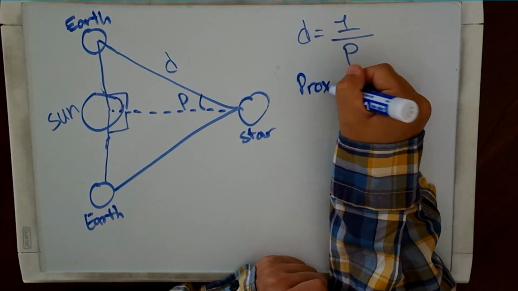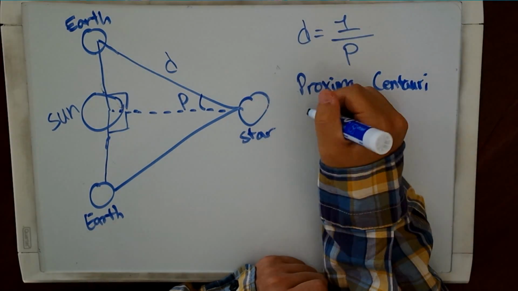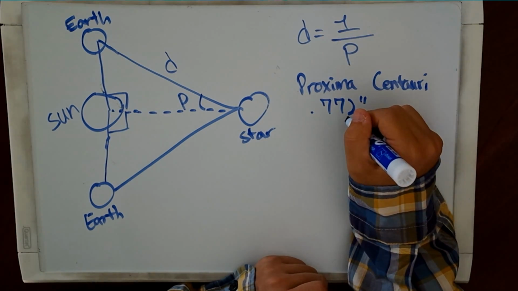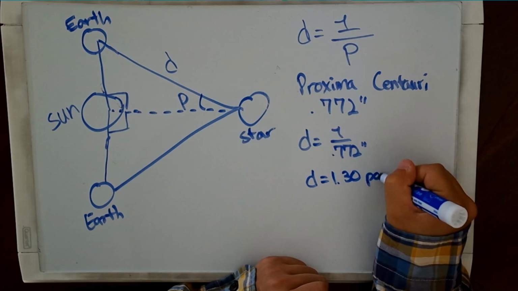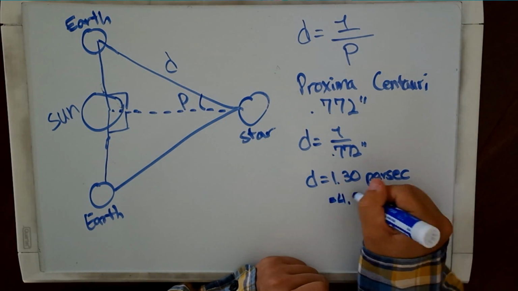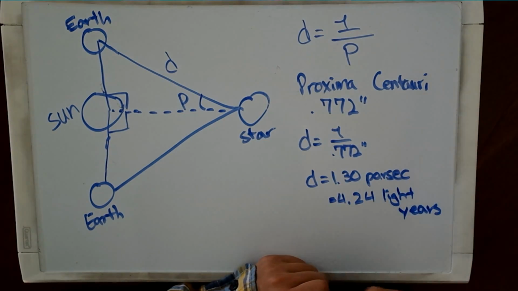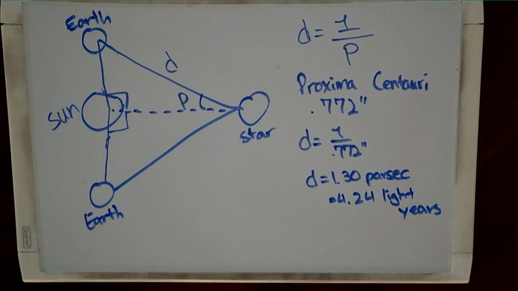For example, the closest star to Earth with the exception of the Sun is Proxima Centauri. It has a parallax angle of 0.772 arcseconds. Now, we just plug it into the formula and get 1.30 parsecs, which translates to 4.24 light years.